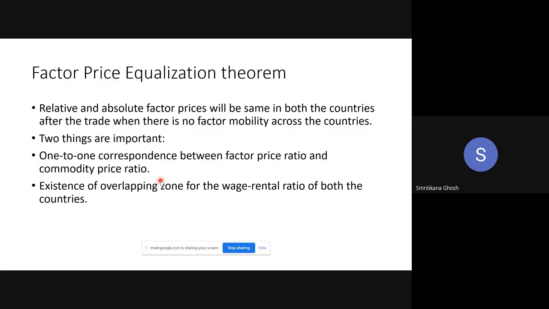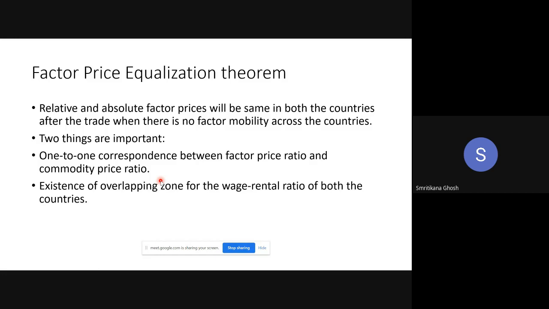Factor price equalization theorem. When we are discussing the HO model, the HO model is not discussing the factor price. It is only discussing the commodity which should be produced by the country, right? But the byproduct of the HO model is factor price equalization.